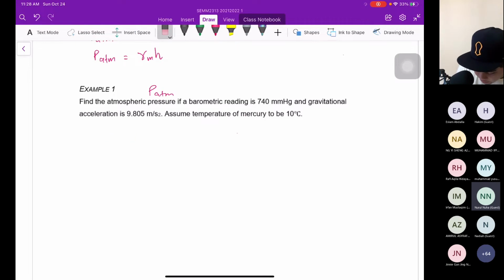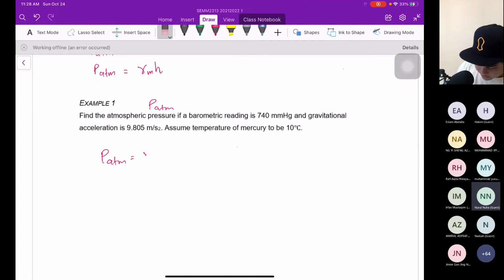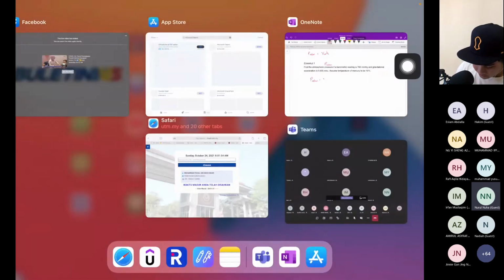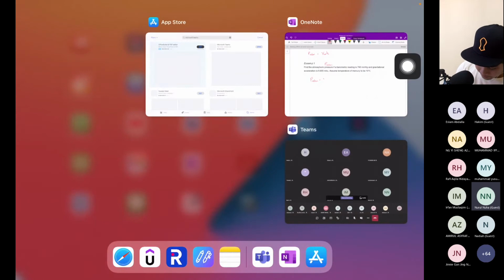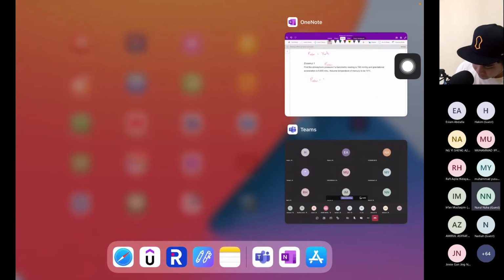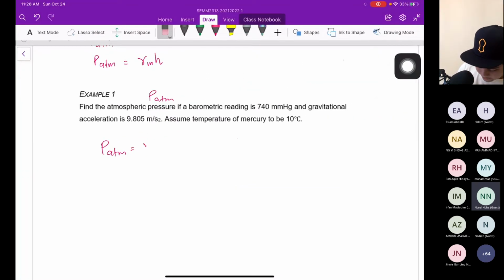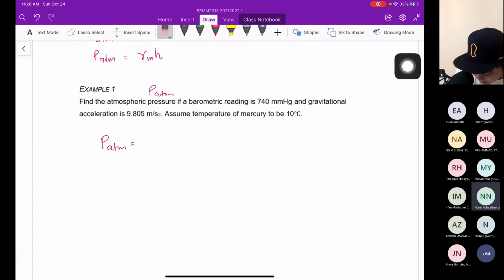Since we derived before, PATM is equal to gamma of mercury multiplied with the height.